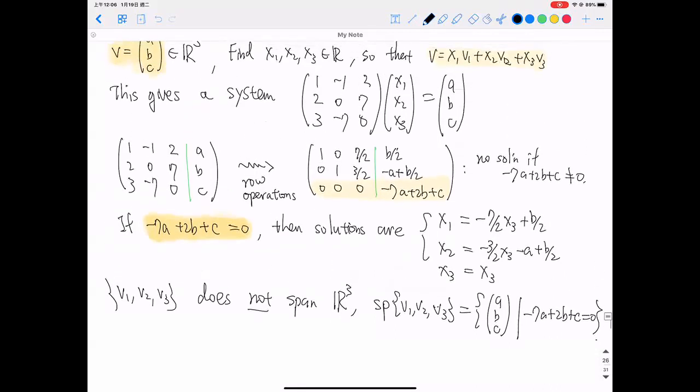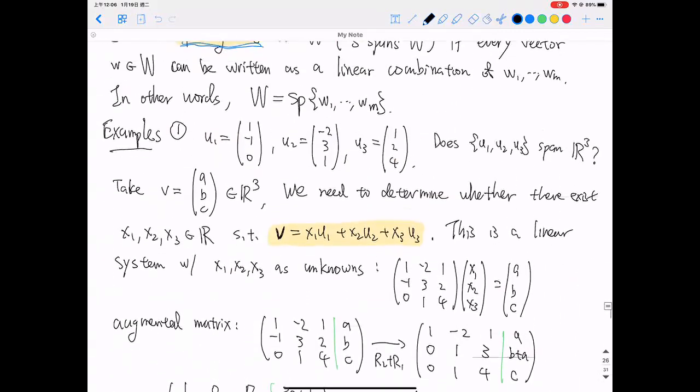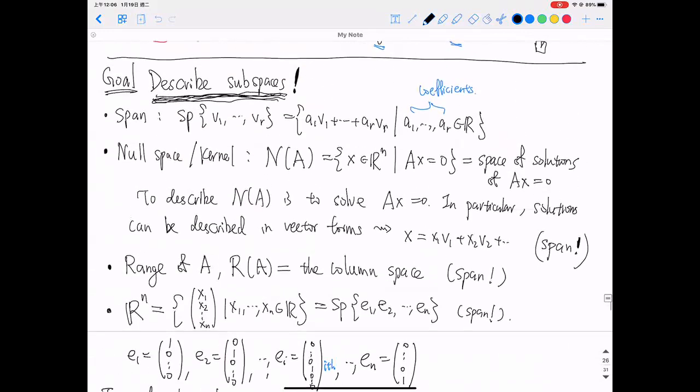Now let's consider one more example. We've mentioned when we talk about null space or kernel that in describing the null space, what we need to do is to solve the system.